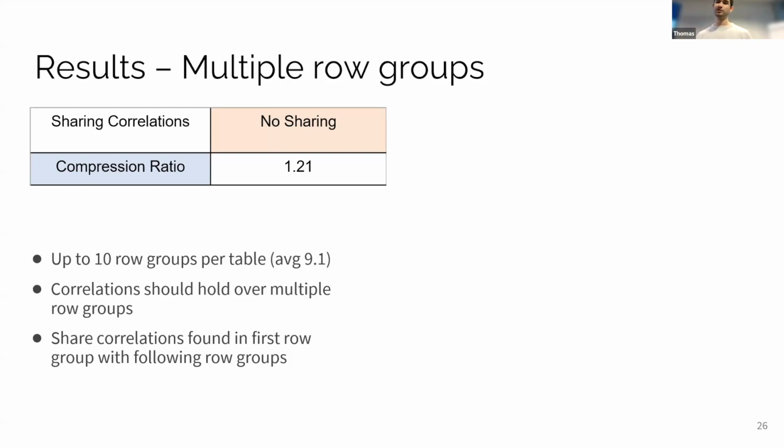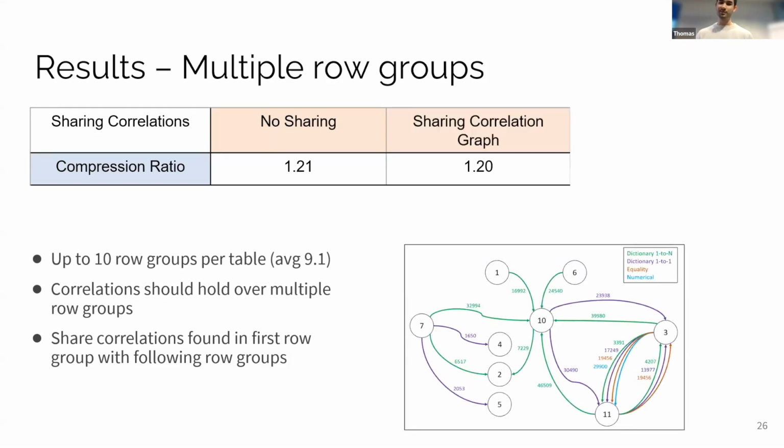The first result shown here is the compression ratio improvement when sharing no correlations, meaning searching for correlations from scratch for each new row group. Our first method of sharing correlations is to share all correlations that were in the correlation graph for the first row group, and use this as a starting point for finding correlations in the new row group.